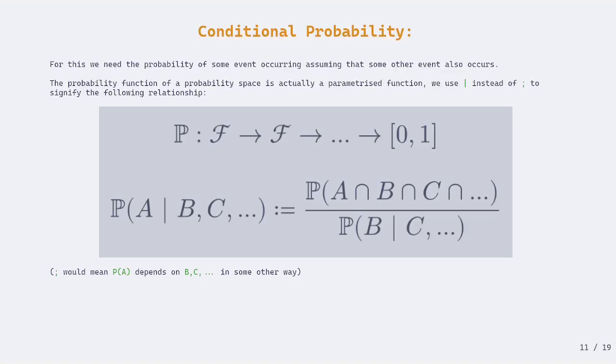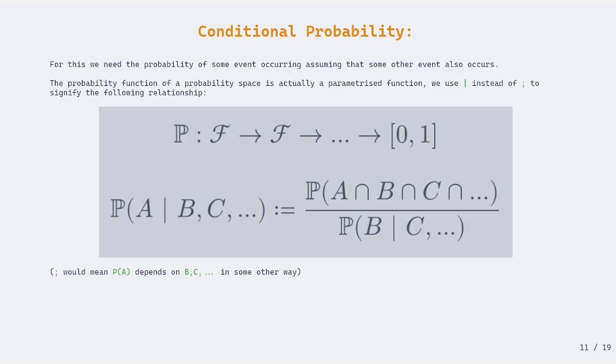The idea is that conditional probability is a probability function. It's like, what's the probability of this value, but it's parameterized by some other events or random variables or distributions. And specifically, instead of using a semicolon like you would normally use for extra parameterization, we use a bar instead.